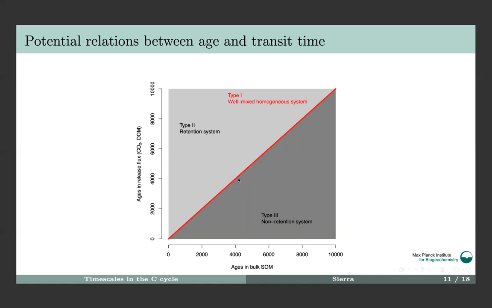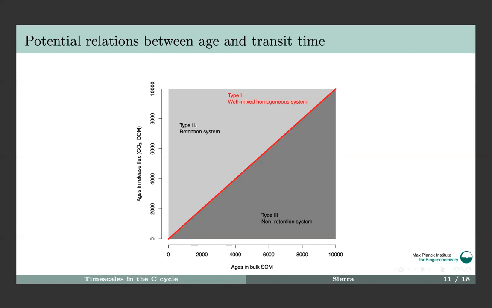That means that the carbon that is respired from the soil has the same age as the carbon that is stored in the soil. In this case, we are talking about a homogeneous system in which all the carbon stored has the same probability of being decomposed, and therefore the same probability of being released to the atmosphere.